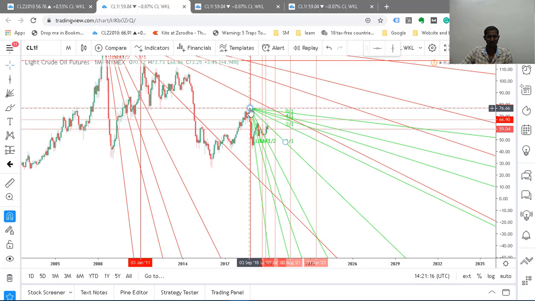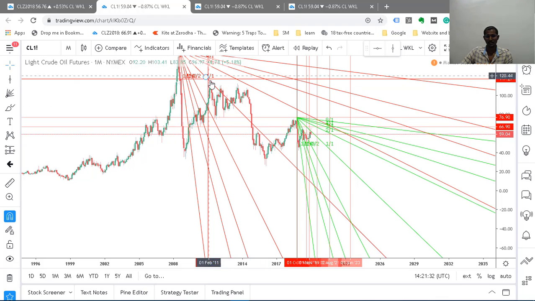And this one started just in September of 2018 and has proceeded a few bars. Therefore, this is really a short-term trend and this is a long-term trend. What we are going to analyze are the long-term and the short-term ones.